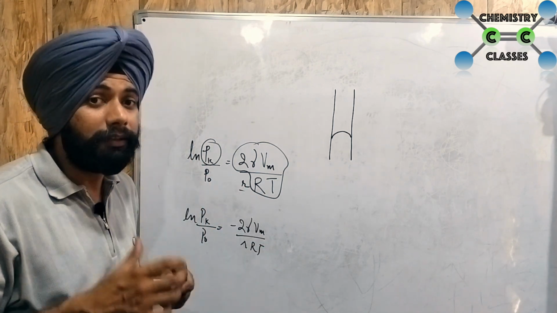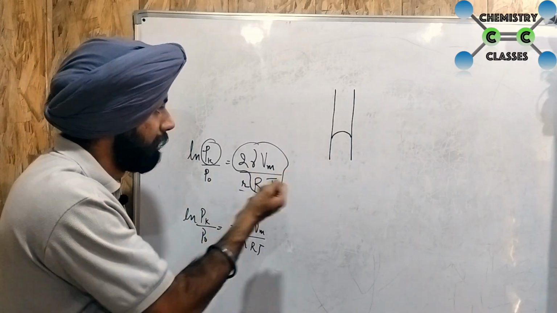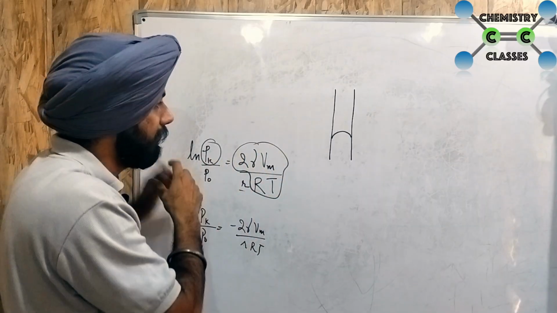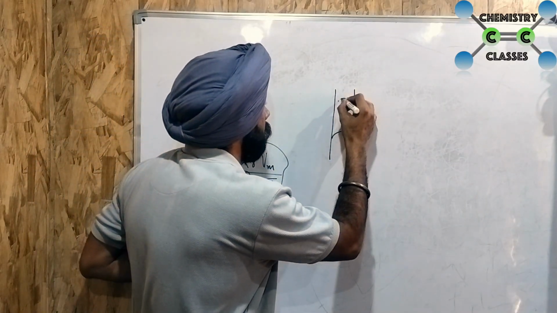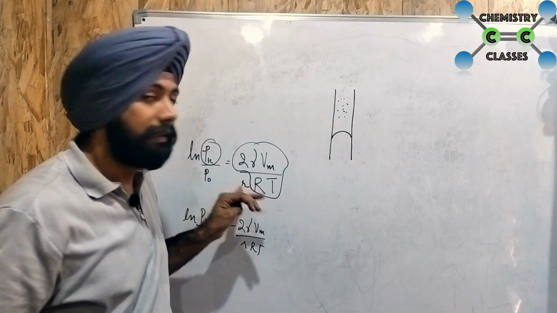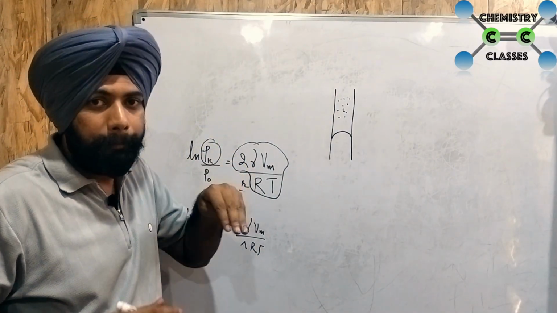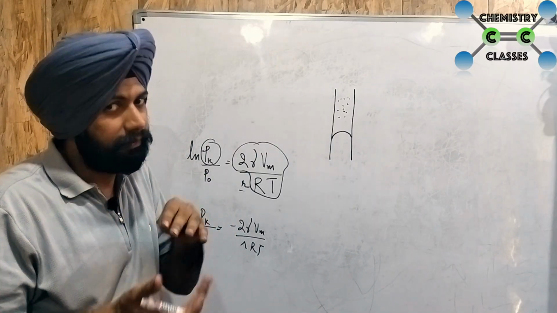As there is curvature getting formed in this equation, the equilibrium pressure over here: if there is lesser radius, there will be higher pressure. If there is more radius, then there will be lesser pressure.